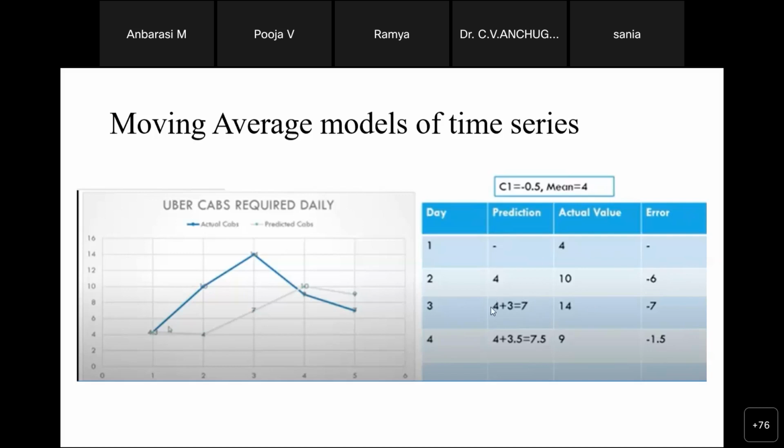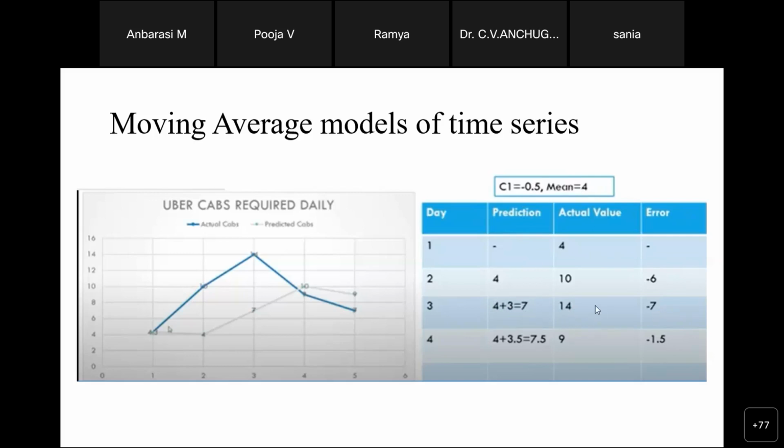If I want to calculate the third day, what you'll do is take the mean value; here they have given it as a constant 4. So 4 plus, the constant value here they have given as 0.5. 0.5 multiplied with minus 6, you will get 3. So 4 plus 3, you will get 7. And then the actual value.